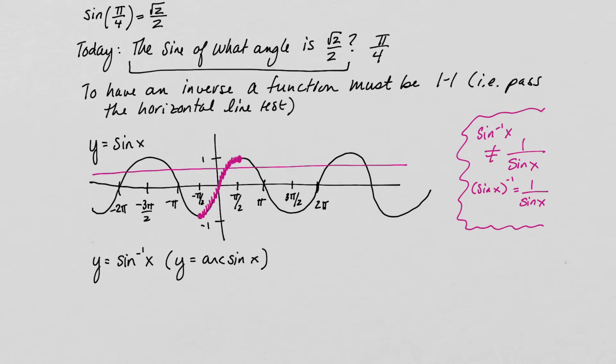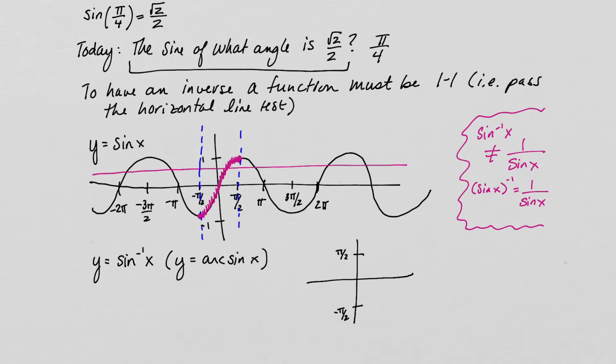If you remember, when you're doing inverses, you swap x and y. Everything that was an x becomes a y, everything that was a y becomes an x. So if I do that with this graph, if you look at this pink part here, it went between minus pi over 2 and pi over 2 in terms of the x's, which means now on the y's it's going to go from minus pi over 2 to pi over 2.